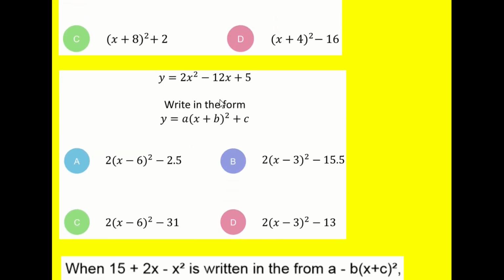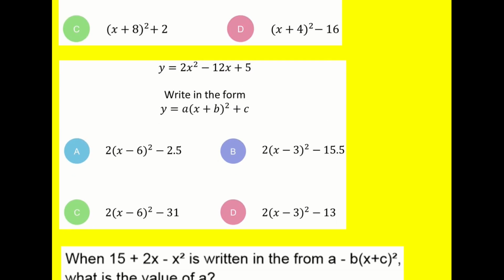Bringing back in straight away a number in front of the x squared other than 1, so 2x squared. Can you try this one? So if you remember, we took the 2 out. It's going to become 6x. Leave the 5 alone.